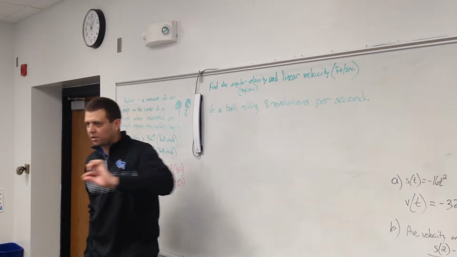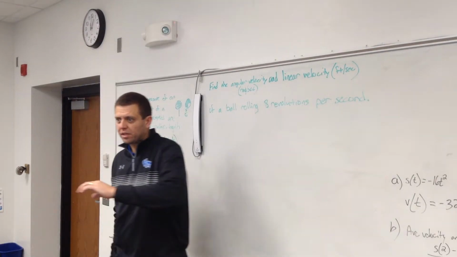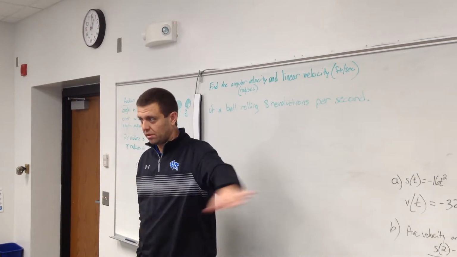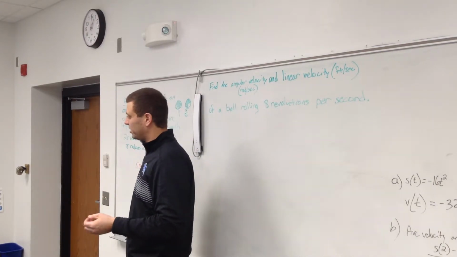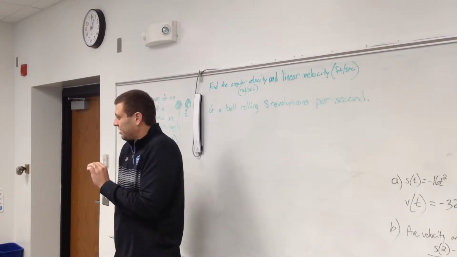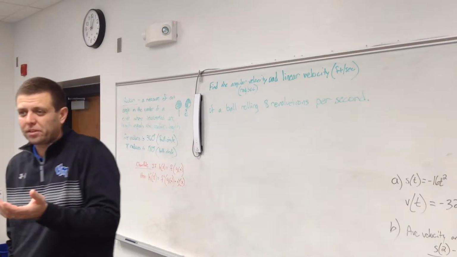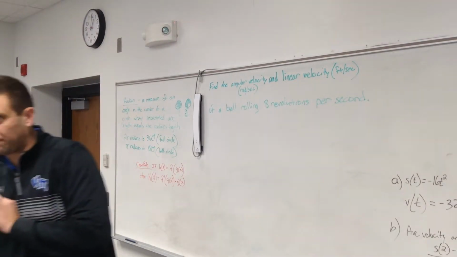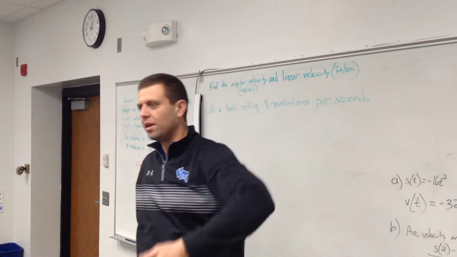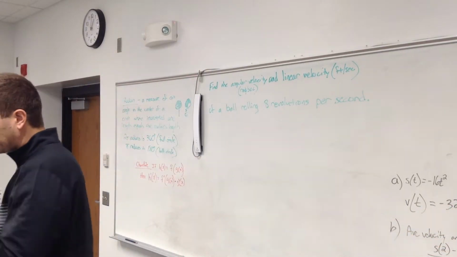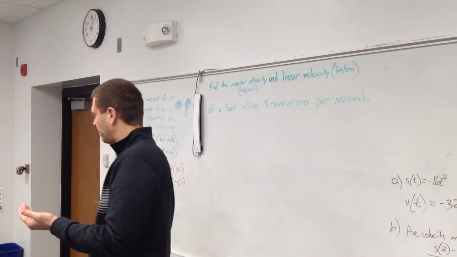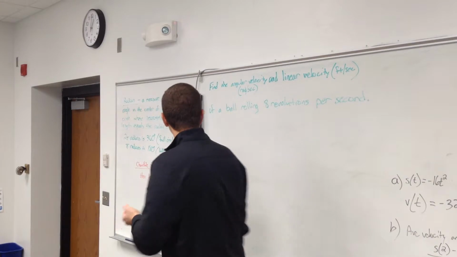A car driving down the road is traveling in a line, a distance. 60 miles per hour is a linear velocity. So a linear velocity is what you typically think of when you think of velocity. Something traveling along horizontally usually, though you could talk about things traveling vertically too, but you're traveling in a line. Linear velocity is what you typically think of as a normal velocity.